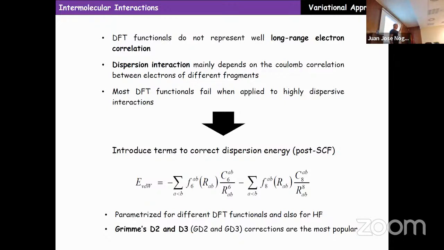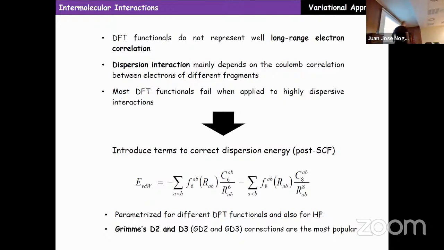So if you calculate the polarization density of, for example, benzene dimer with B3LYP, and B3LYP-D with empirical dispersion correction, you will see that your densities are exactly the same. The energy is not the same because you introduce this term in the Hamiltonian.